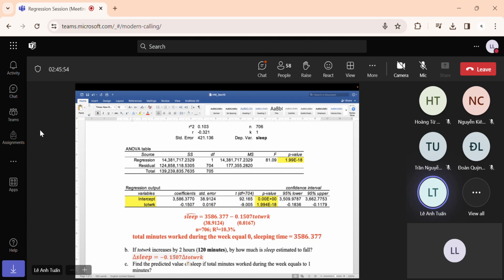But now the total work increased by 120 units. That means the sleeping will fall by 120 times the coefficient, and this is the result.